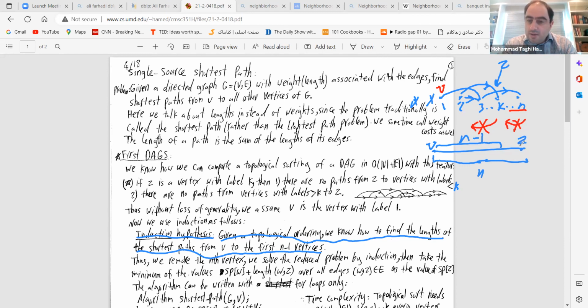We know the shortest paths from V to the first n-1 vertices, and assume that we have stored them in an array SP.